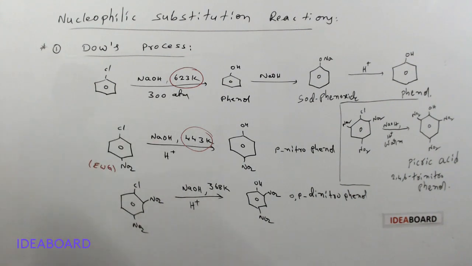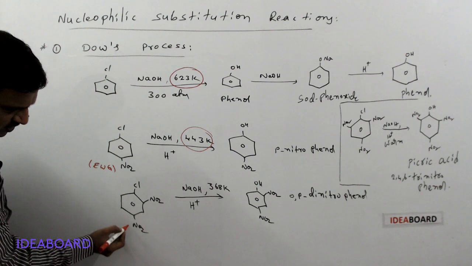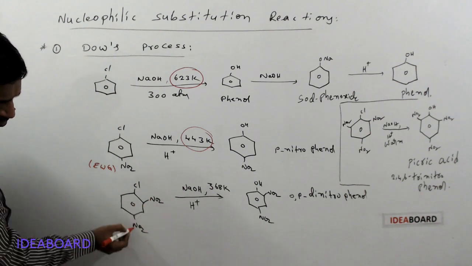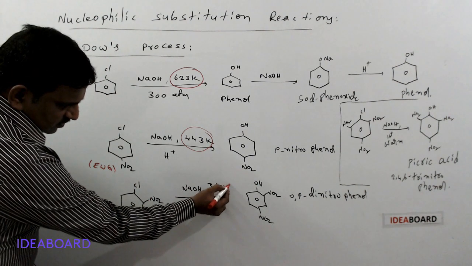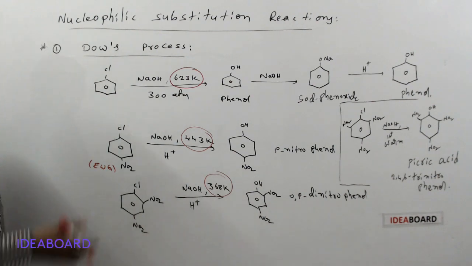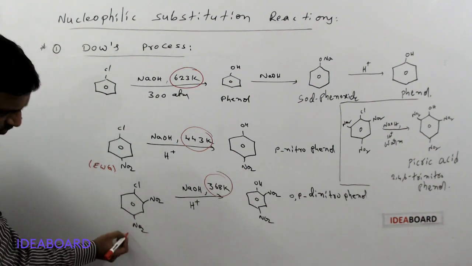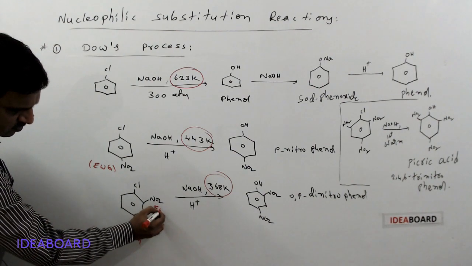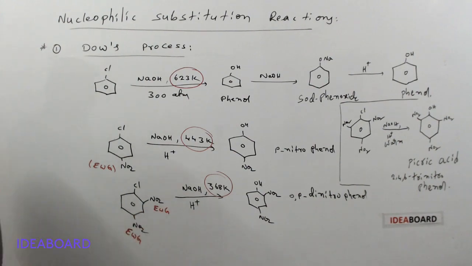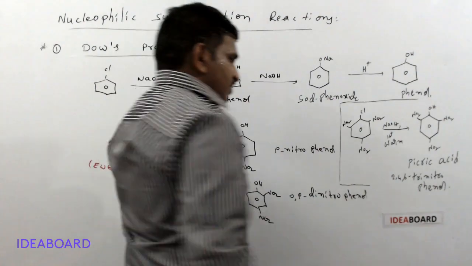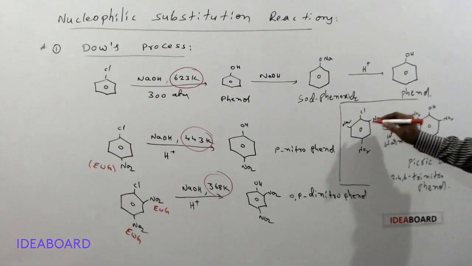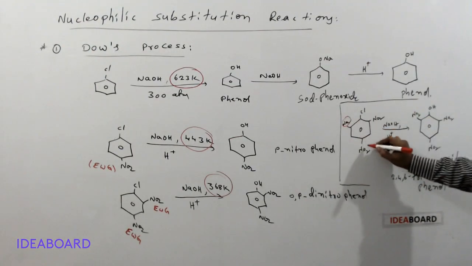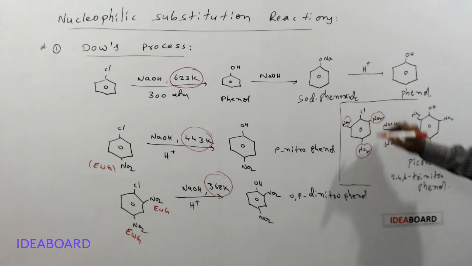The temperature is reduced. And if you take two NO2 groups, what is the temperature? 368, much more reduced. So two electron withdrawing groups are present. And in the third reaction, there are three NO2 groups.